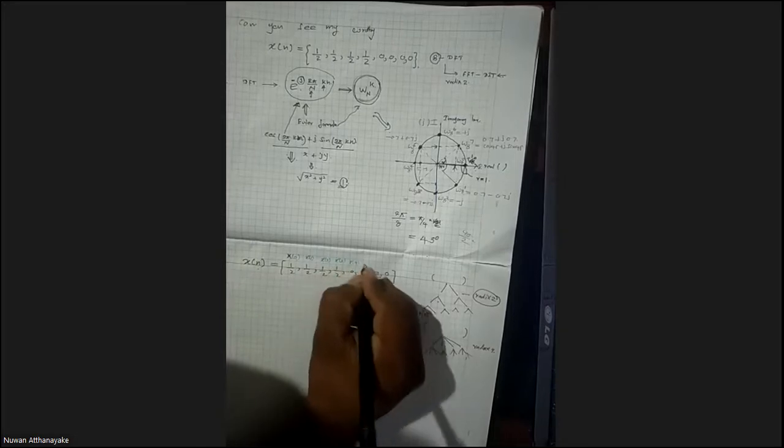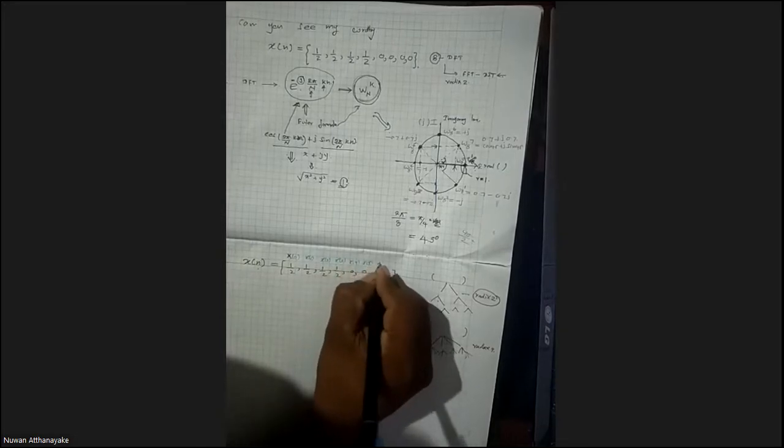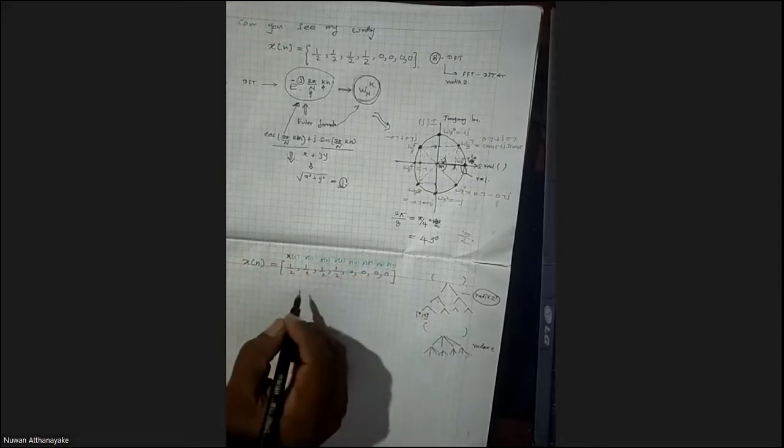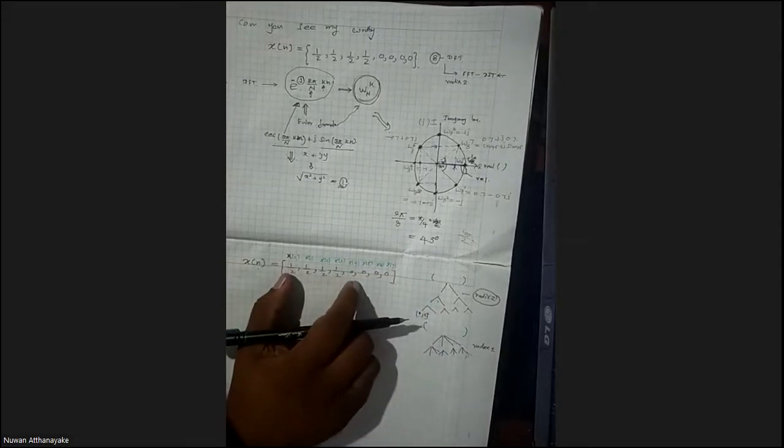If I write the values here, this will be x0, x1, x2, x3, x4, x5, x6, x7.